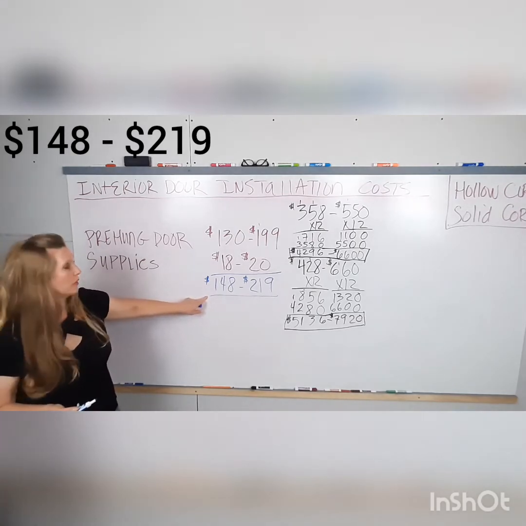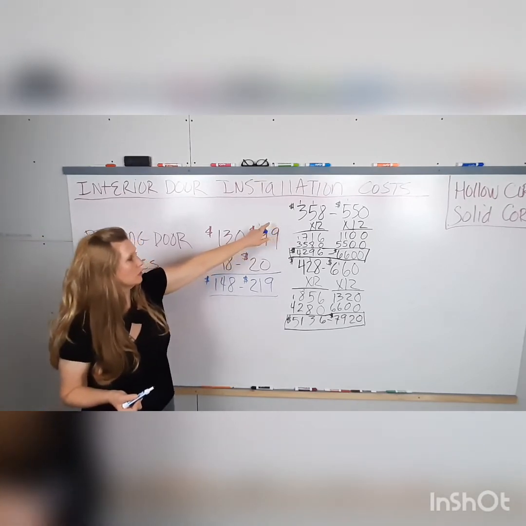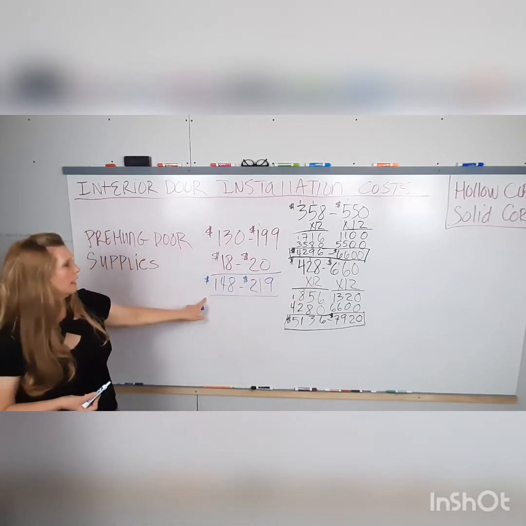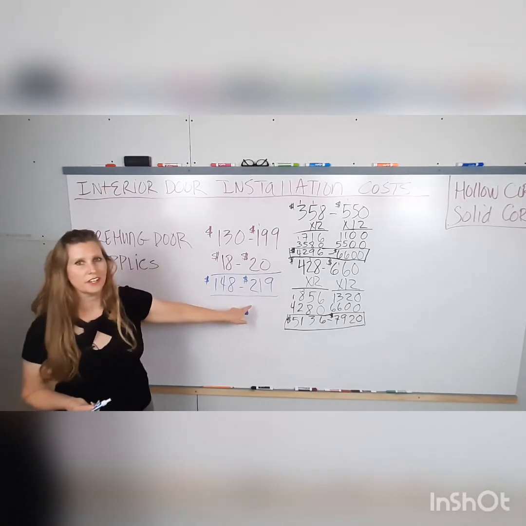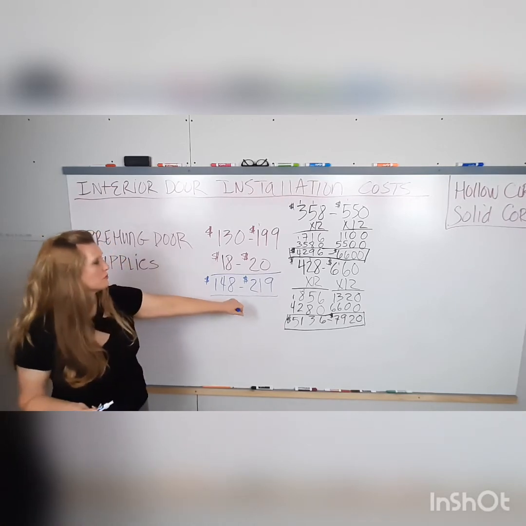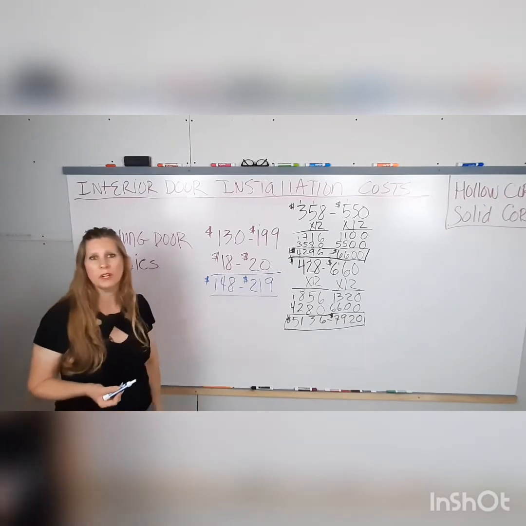That sounds a lot better to me than $358 to $550 or $428 to $660. I'd rather pay $148 or $219. You could even get a more expensive, fancier door, and still save a lot of money.